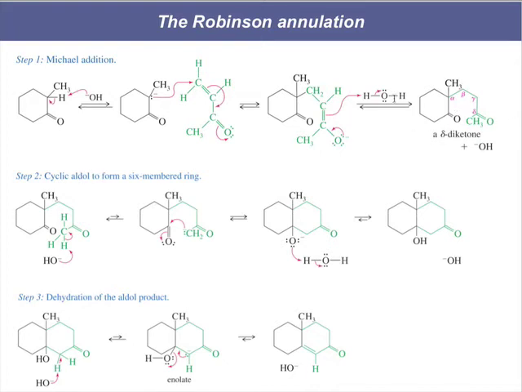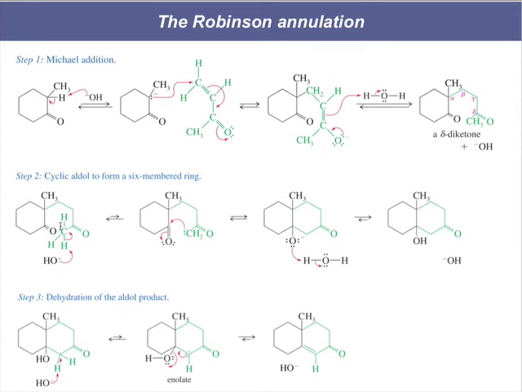It's the same overall picture. It's just a matter of what method of tautomerization you want to show. So we end up with a 1,5 diketone. 1, 2, 3, 4, 5. It's a 1,5 diketone, and that is a classic product that is formed in the Michael addition.